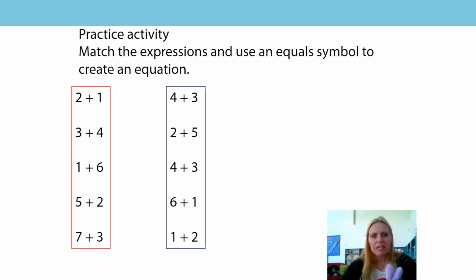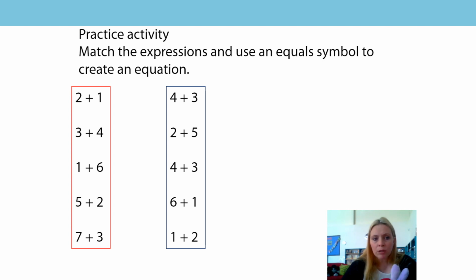Oh, it's in the same place. And the second addend is not the same. Yep, that's not the one I'm looking for. Okay, no, that one's got a 6, has got a 1, but it's in the same place, and it's not right because 6 isn't an addend in my first one. So 2 plus 1 is the same as 1 plus 2.